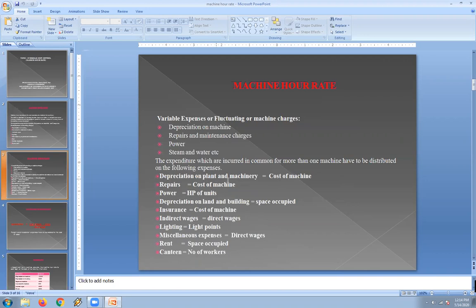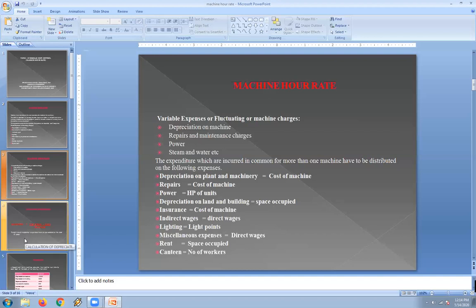That is, depreciation on plant and machinery will be allocated on cost of machine, repairs on cost of machine, power on the basis of HP of units, depreciation on land and building on the area or space occupied, insurance on cost of machine, indirect wages on the basis of direct wages, lighting on light points, miscellaneous expenses on direct wages, rent on area or space occupied, and canteen on number of workers.